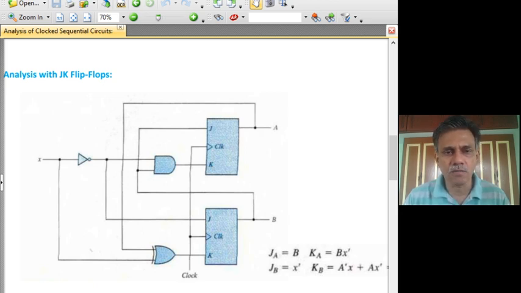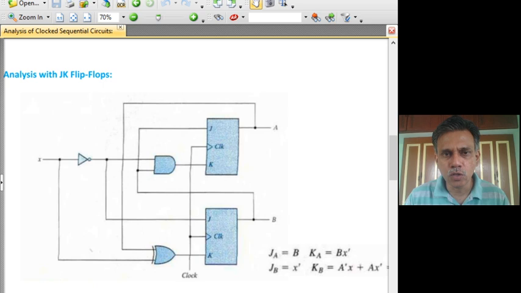The methodology of design for the case of T and JK flip-flops is the same as that of the D flip-flop. First, you have to arrive at the input conditions for the flip-flops, and based on that you can find out the next state to which the flip-flop will go when a clock transition arises.